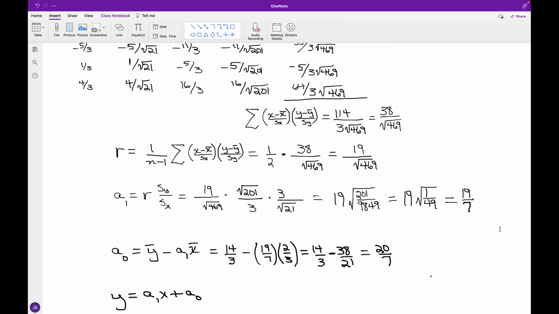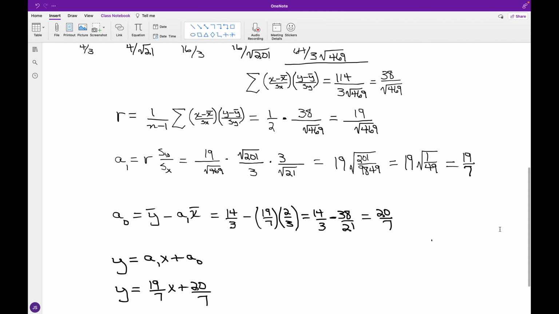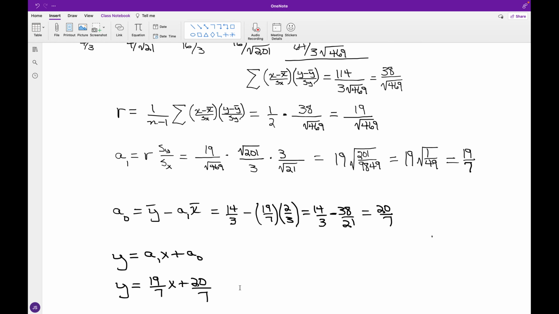Narrowing it down, you have 14 thirds minus 38 over 21, and that is equal to 20 sevenths. So for the equation in this particular case, f of x is equal to a of 1 times x plus a naught, and specifying, we have y is equal to 19 sevenths of x plus 20 sevenths.